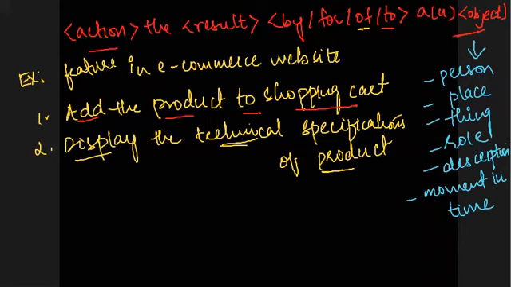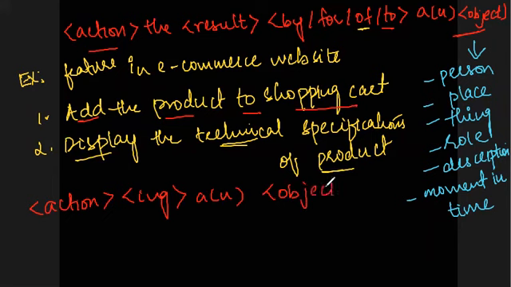Here you're adding one specific feature. Now if you want a particular feature that is a part of another feature, you can have an action plus ing for a particular object. An example for this would be making a product sale.